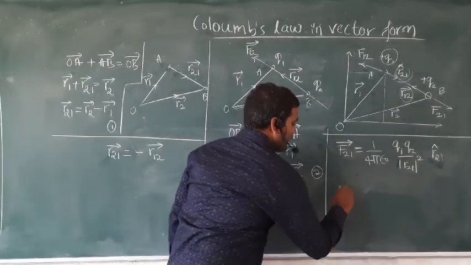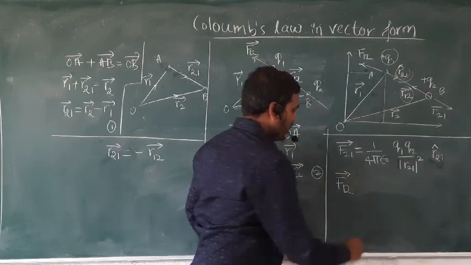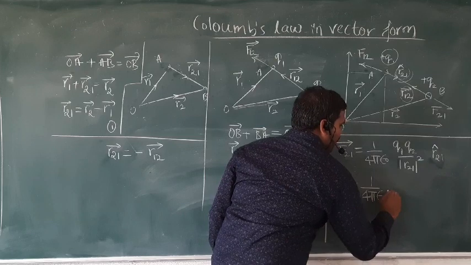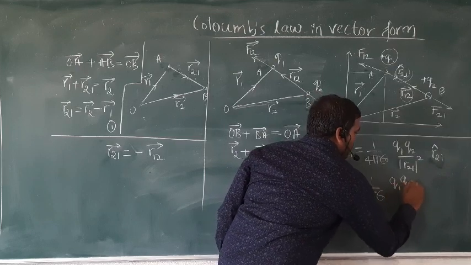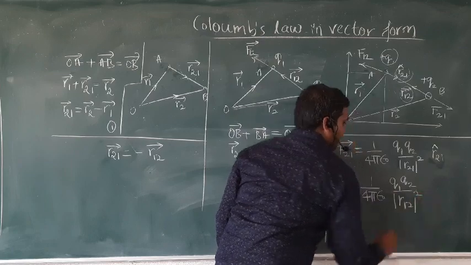Similarly, when I write F12, that is equal to 1 divided by 4 pi epsilon naught, Q1 into Q2 divided by magnitude of R12 squared.